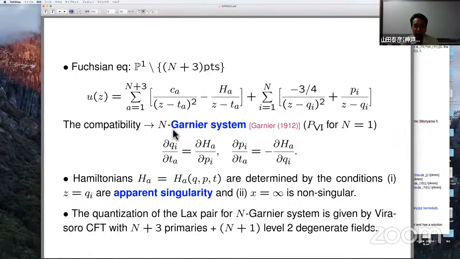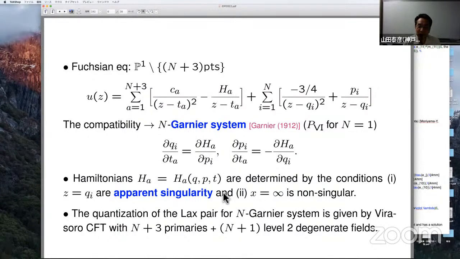And the n equal 1 case is nothing but the Painlevé VI equation. And the Hamiltonian function is given by the residue of this term, and it can be determined by the conditions that the point z equal q is an apparent singularity of this equation, and the point infinity is non-singular. And these two conditions determine the Hamiltonian uniquely.